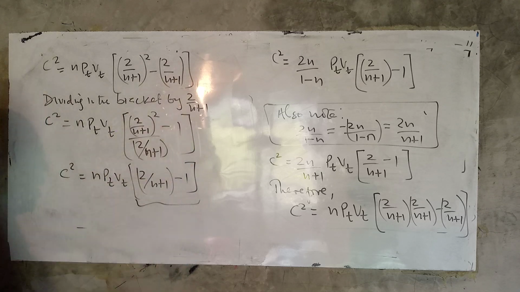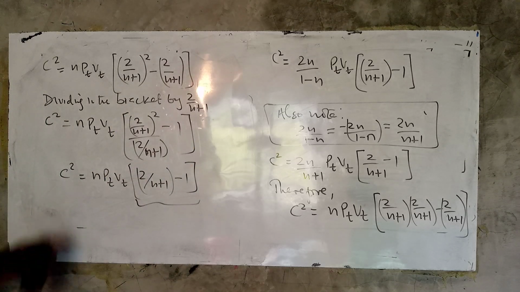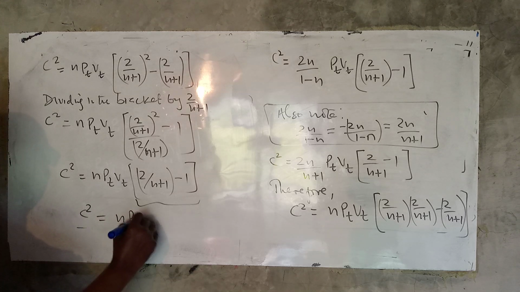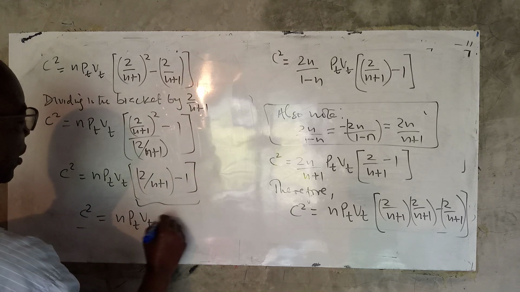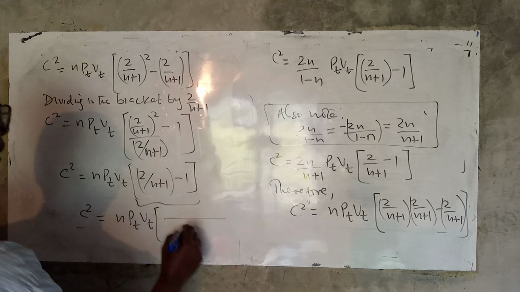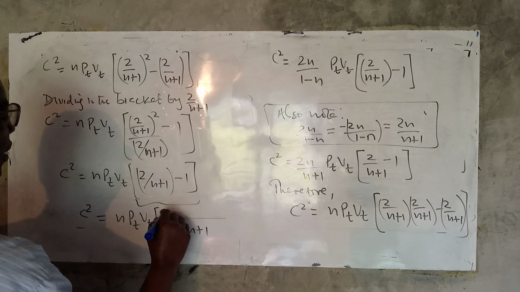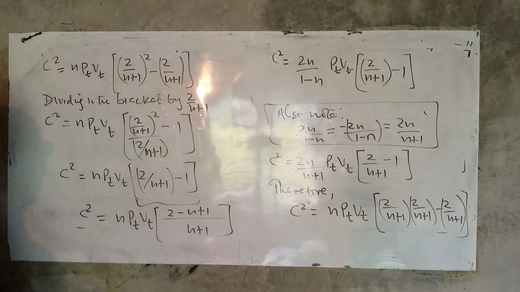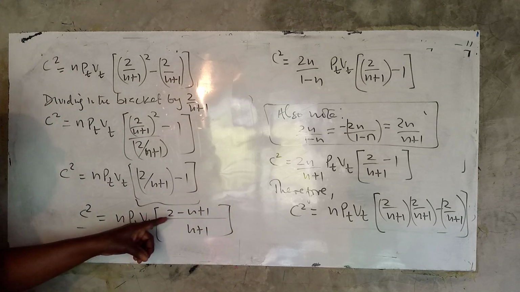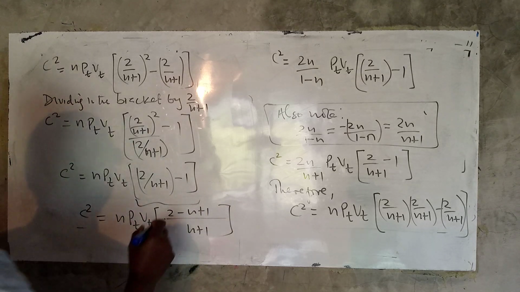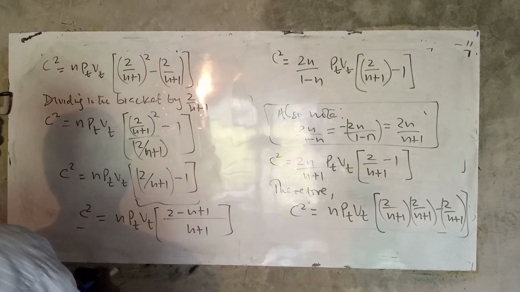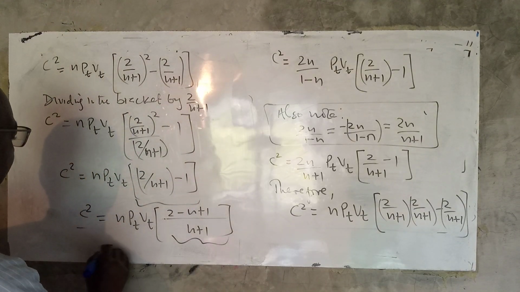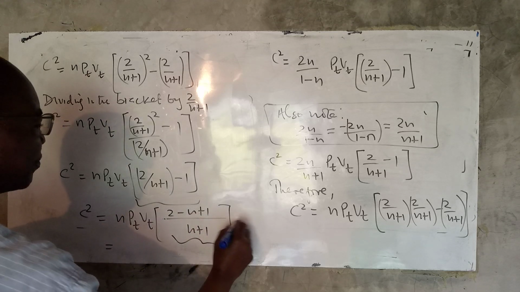So if you open up that quantity there, we'll have c squared will be n pt vt into bracket n plus 1, 2 minus n plus 1, and of course this particular quantity here will be 1.